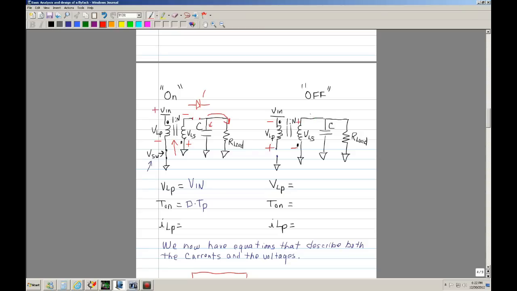Remember we had a diode here, so now we have a positive going to the anode side, so that diode is on, and that can be modeled as a short. So during this time, the energy stored in the flyback is used to charge the capacitor, and it's also used to charge the load resistor.